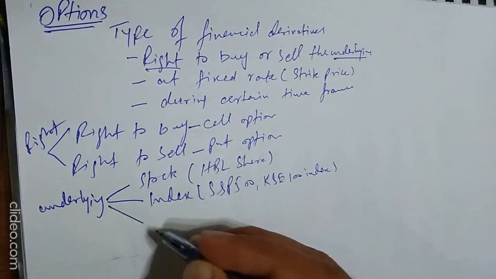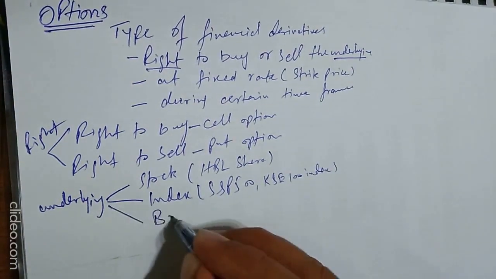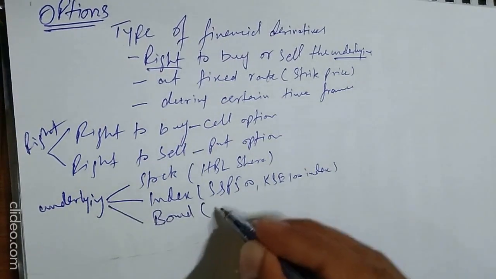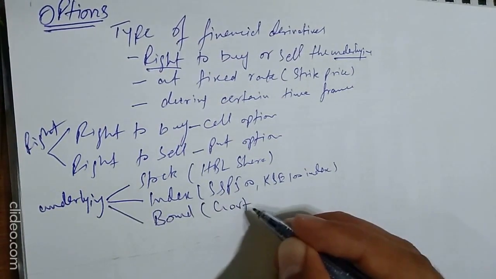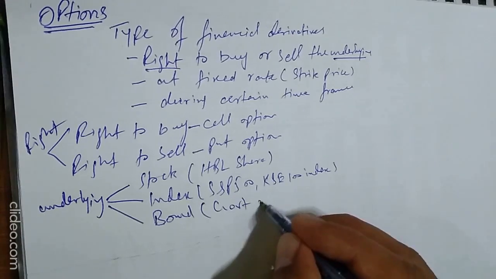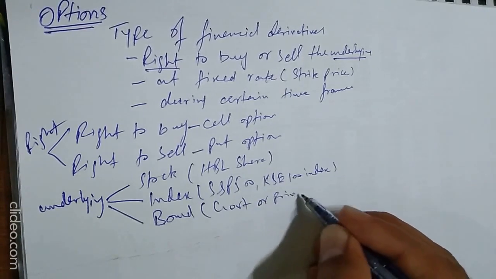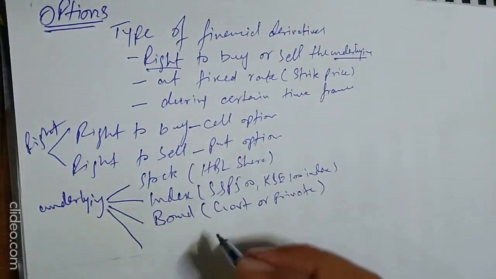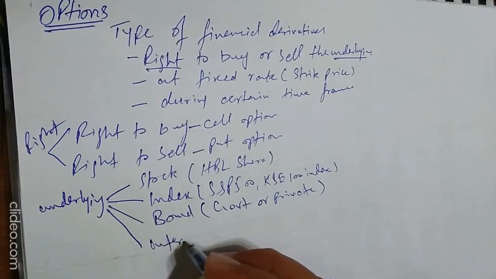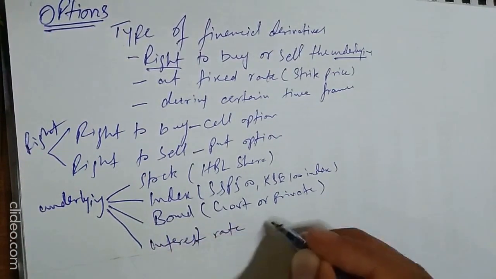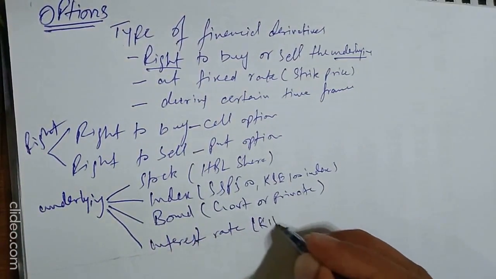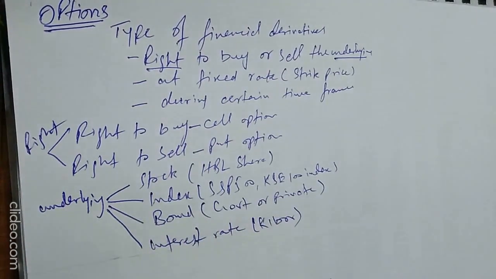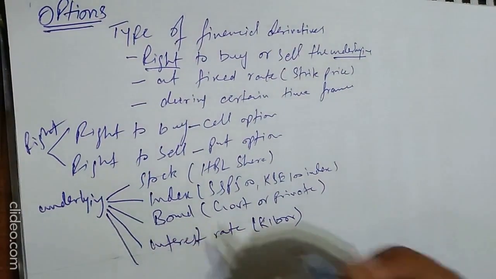Another underlying can be a bond, which can be a government bond or a private firm's bond. The fourth underlying can be an interest rate, like LIBOR; it depends upon the country. In Pakistan, this rate can be the Karachi Interbank Offer Rate.